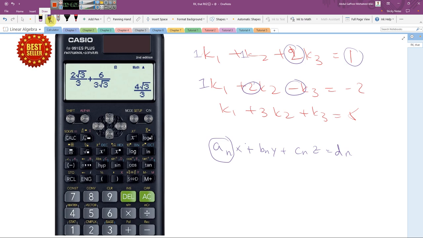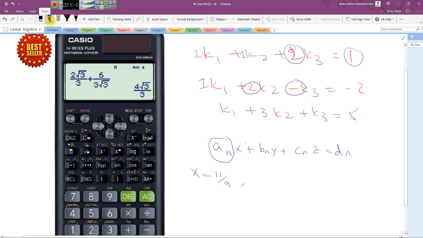Now after entering all these coefficients and the constants, you have to press equal again, then it will give you the value for x. So x is equal to 11 divided by 9.